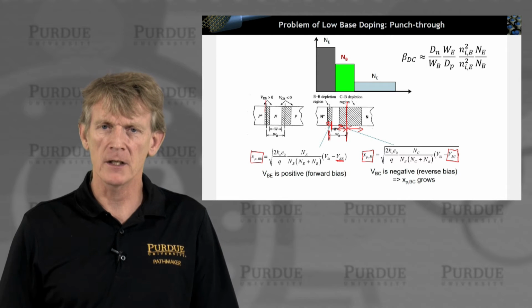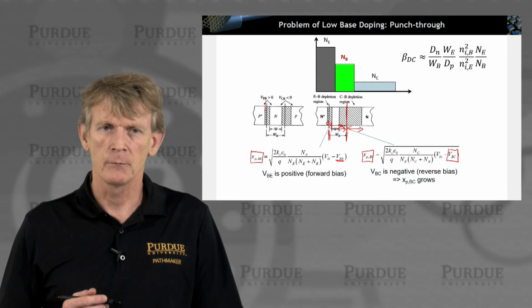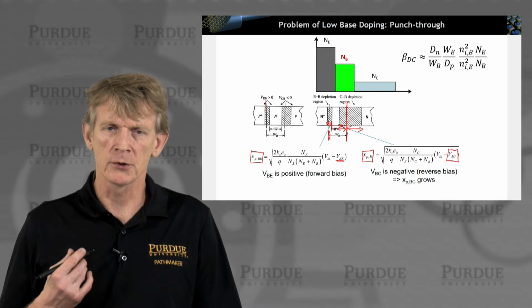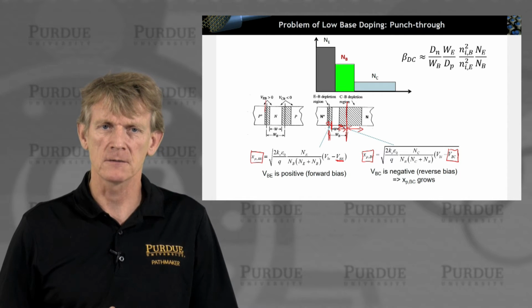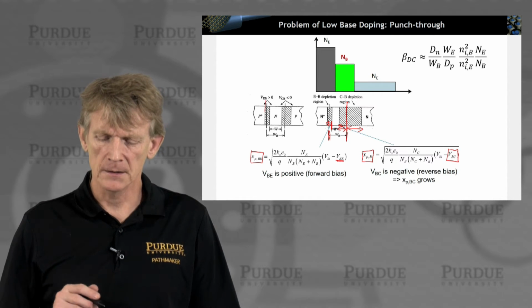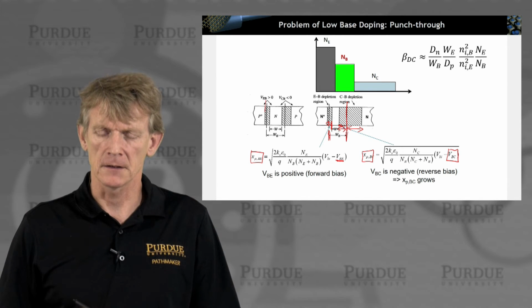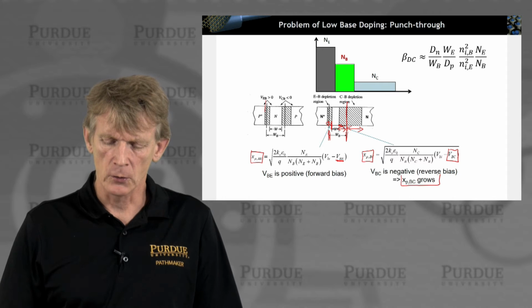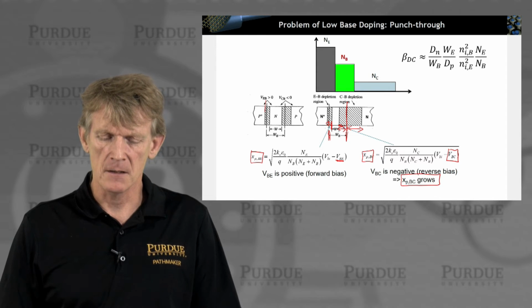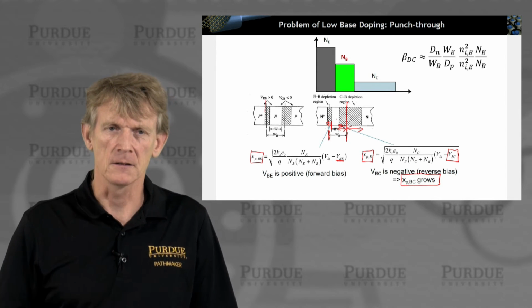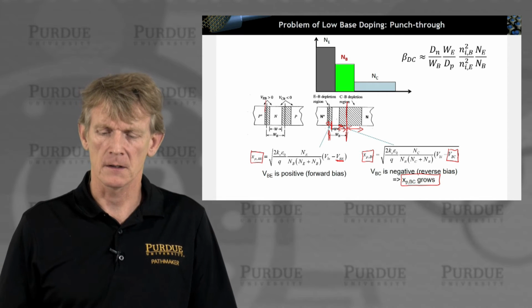Okay, so as we ramp up the base collector voltage, as we push more current through the device and collect the current on the collector, we have a growth in XP BC, which means a reduction of the electrical base width.